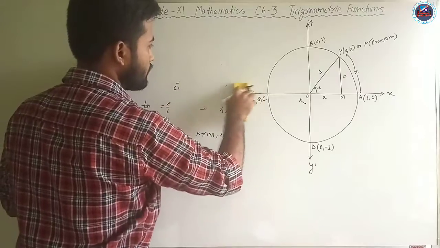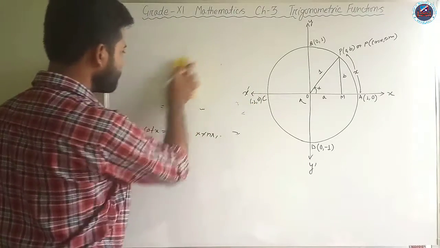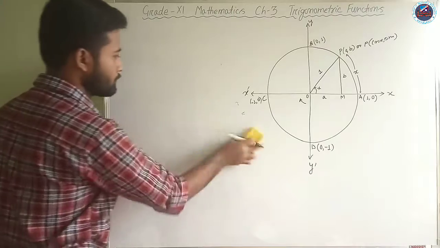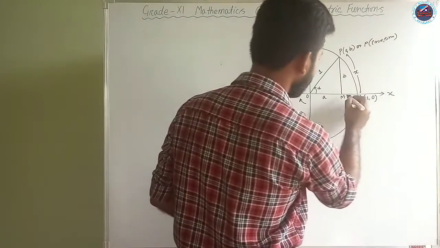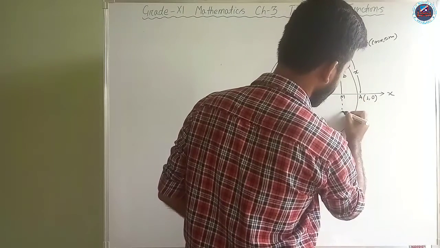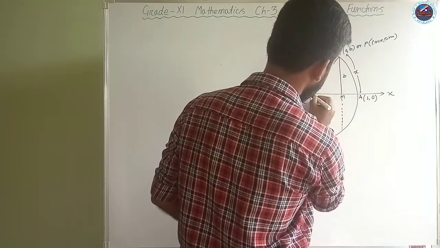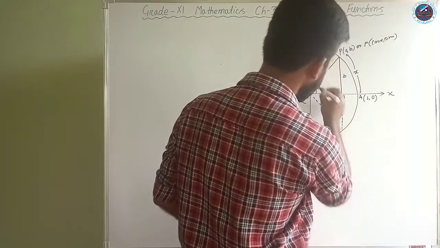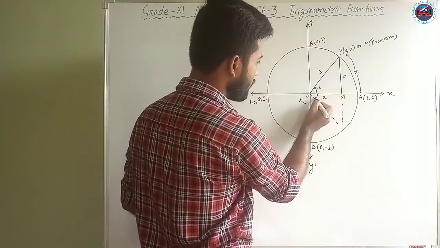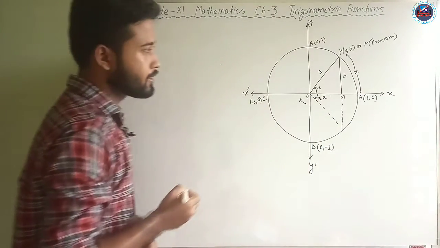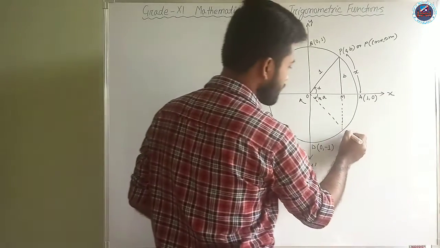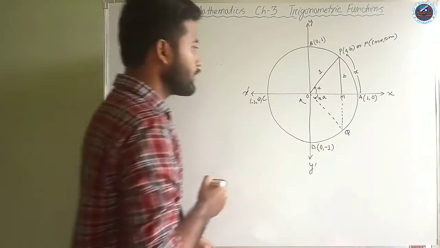So here we already have the unit circle. Now let us take a negative angle here. Like if I extend this, since this x was positive, so in the clockwise direction it will be negative x, isn't it? Now let me name it as Q. All right.